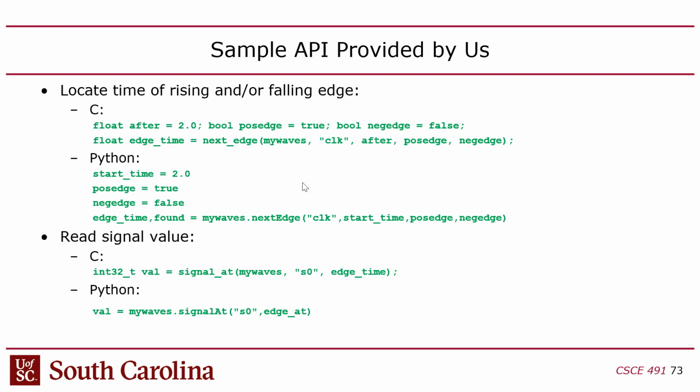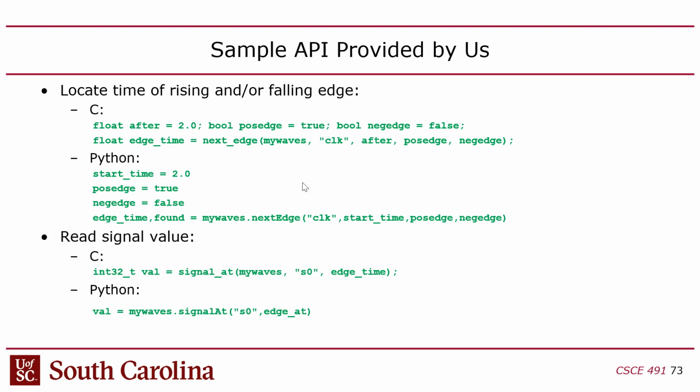Every time you call it, the after argument is going to be advancing forward in time. So you find one edge, and then to find the next edge you start at the previous edge time, and you just keep marching it forward. So that after is where you're starting from.